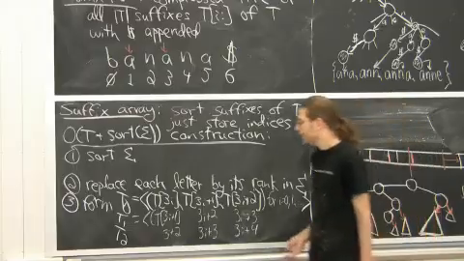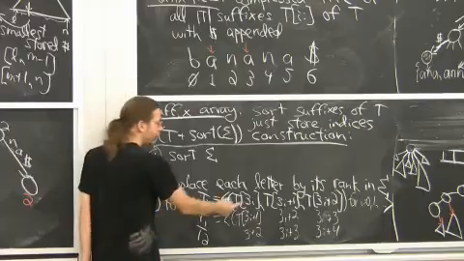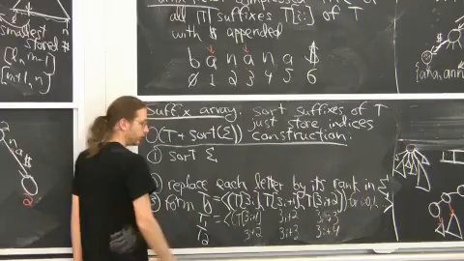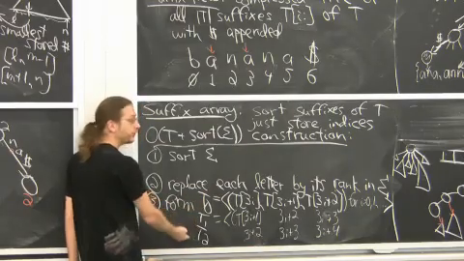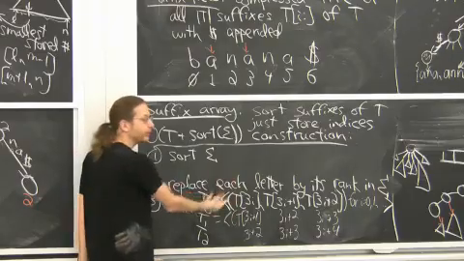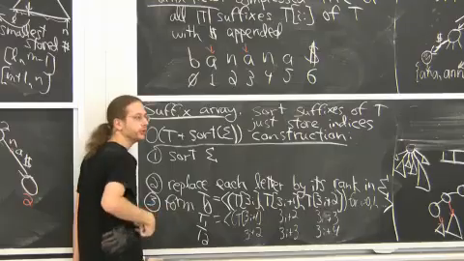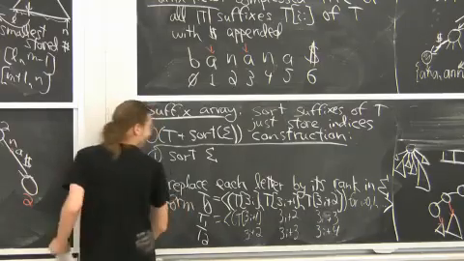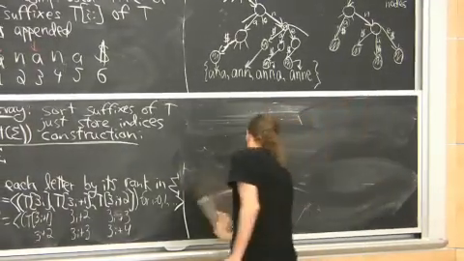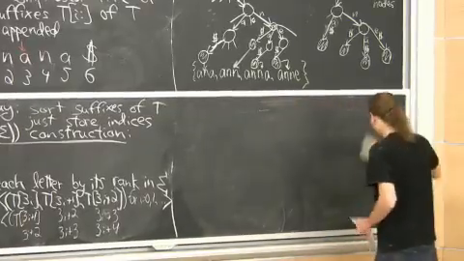But the point is, if I want to represent all the suffixes of t, a suffix could start at a position 0 mod 3, or a position 1 mod 3, or a position 2 mod 3. So if I could sort all the suffixes of these guys, I would effectively sort all the suffixes of the original t. This tripling up doesn't really change things, up to like a plus 1 or 2. Now what? Next, I believe, is recursion.